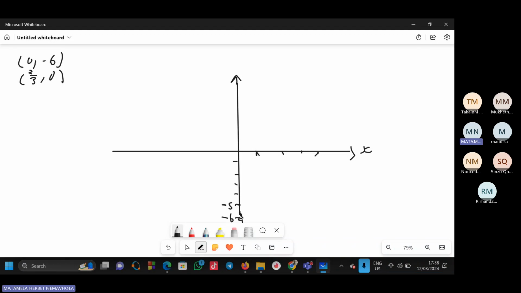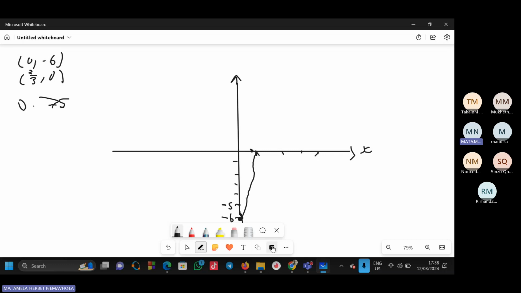Y was here, this side there. You will write a dot. And when y is 0, x was 2 over 3, which is going to be 0 point maybe 7 something. I'm not sure if it's going to be exactly 0.7. So let's assume it's going to be this side here. Then your straight line, when you draw it, you will see that it's going to go this way.